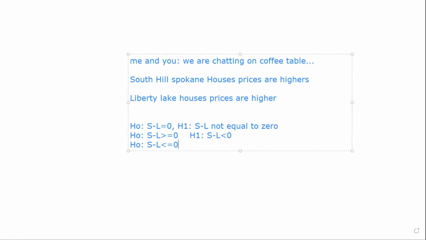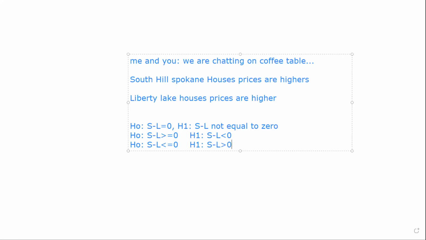Less than 0 means Liberty Lake house prices are more than South Hill, which you can clearly understand from these simple numbers. And opposite is South Hill minus Liberty Lake is greater than 0. So these are the three possibilities.